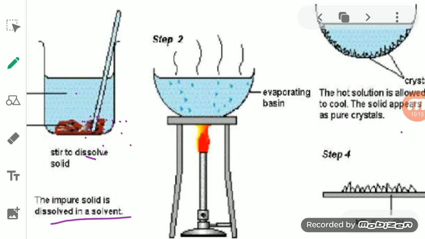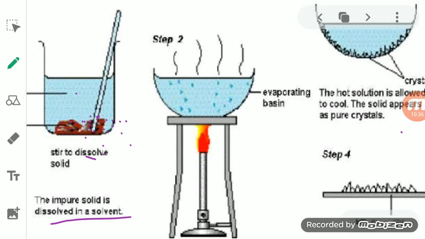So we will stir it, mix it, and later filter this solution in which the impure solid is present. When we filter it, the insoluble impurities get removed.